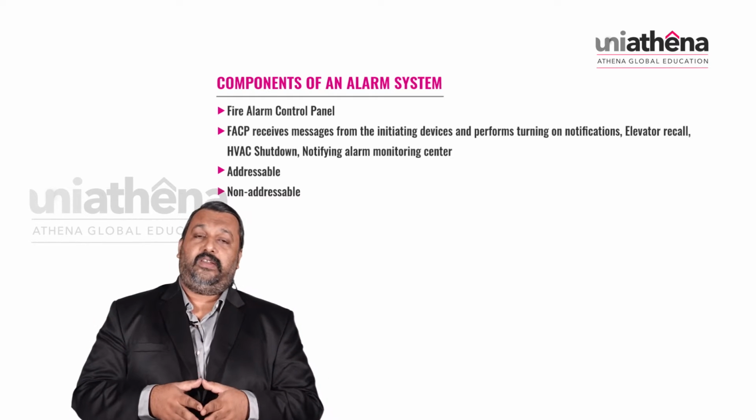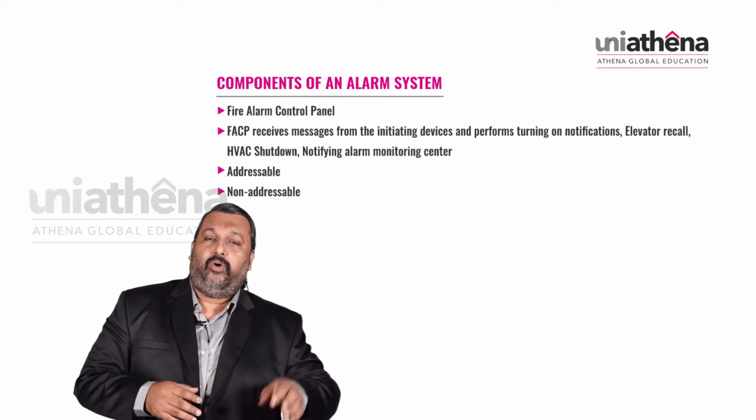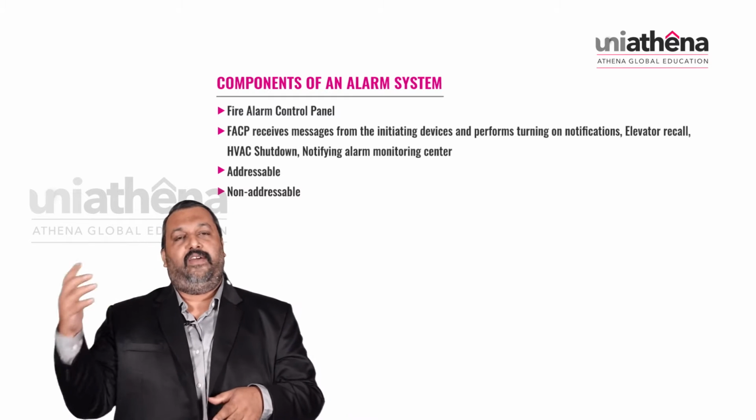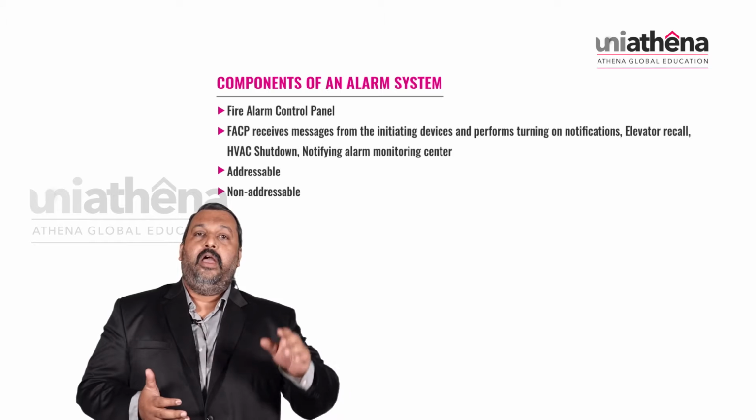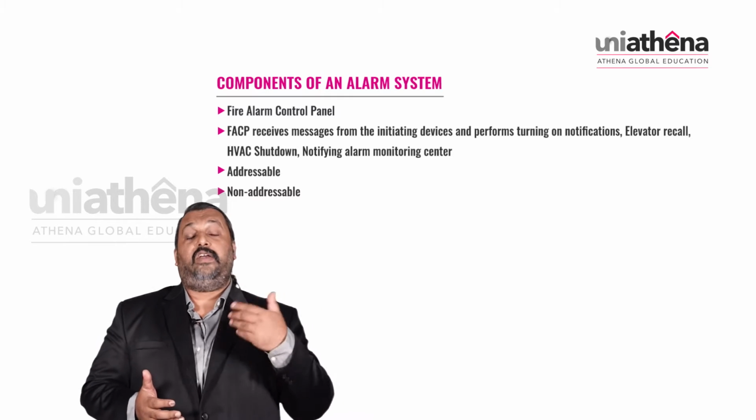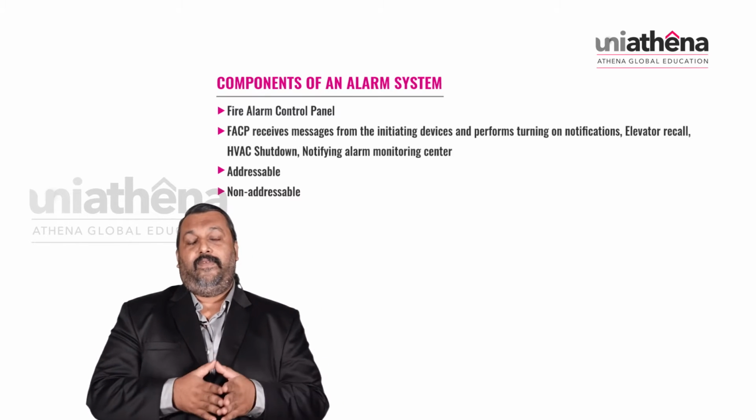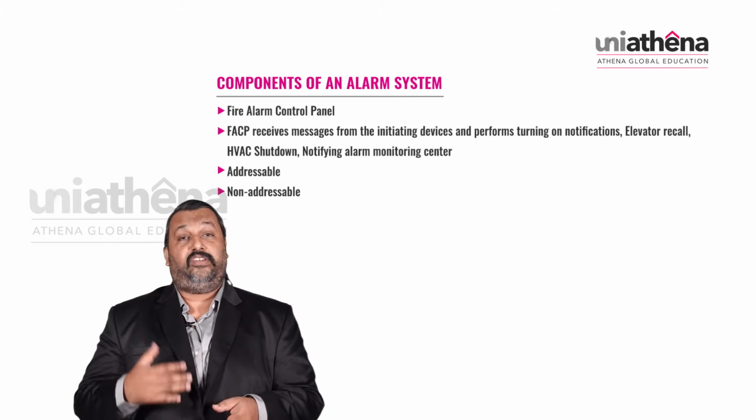In the case of an addressable system, the exact data about where the fire has happened, or which equipment is on fire or has caused the fire, will be available.